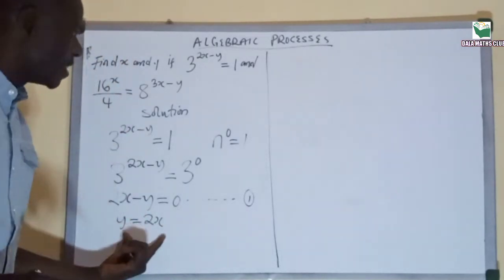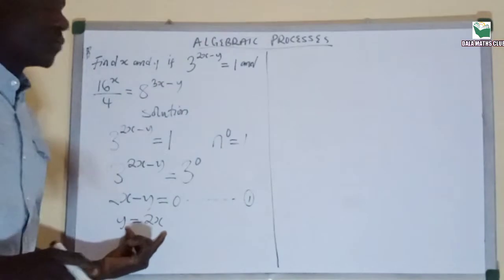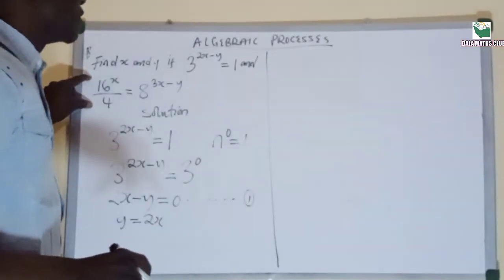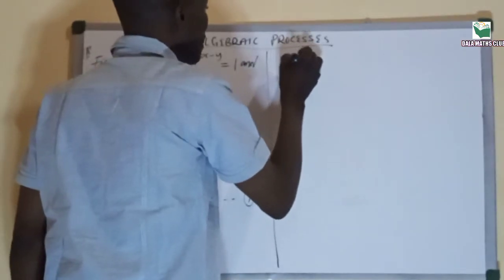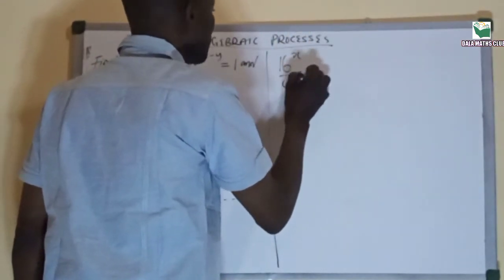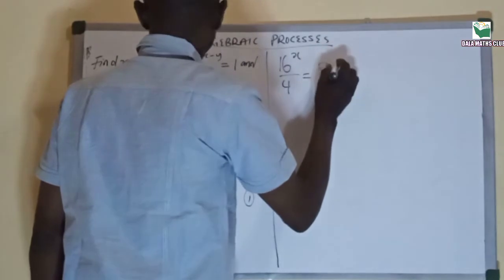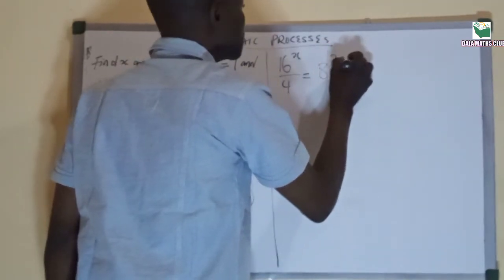So we have now expressed this as a linear equation. The next is to consider 16 power x all over 4 is equal to 8 power 3x minus y.